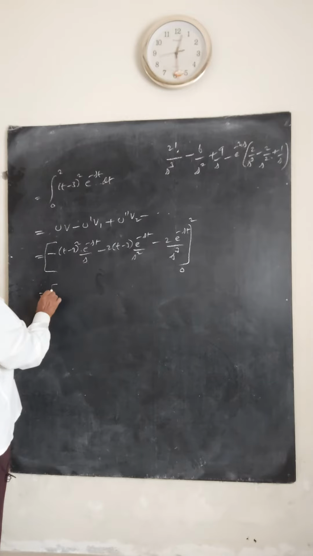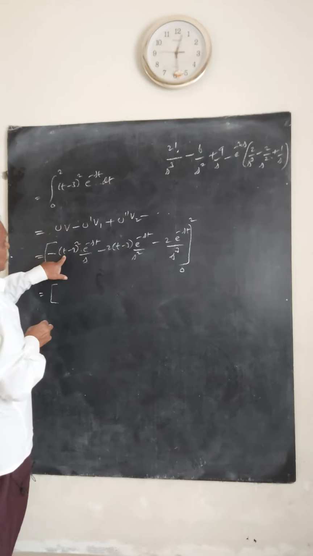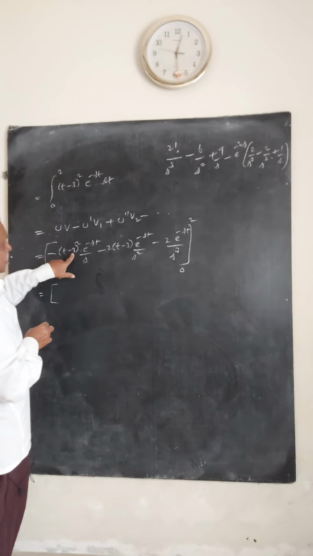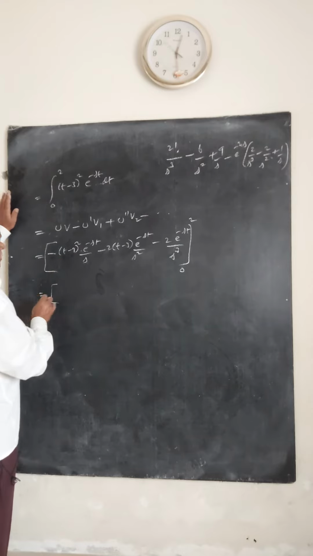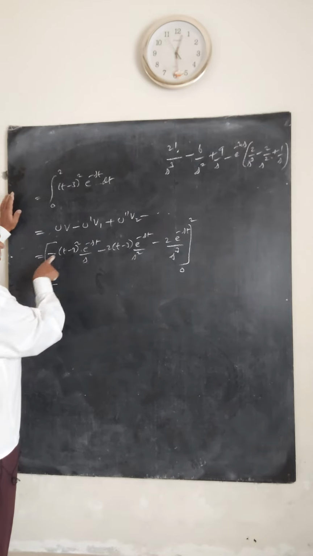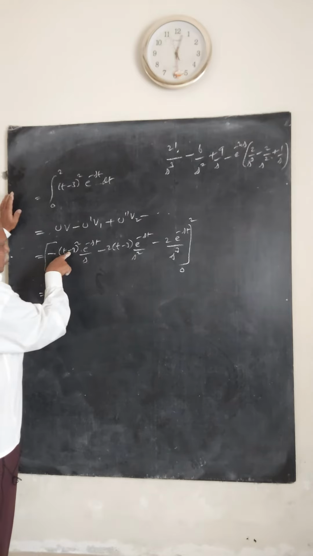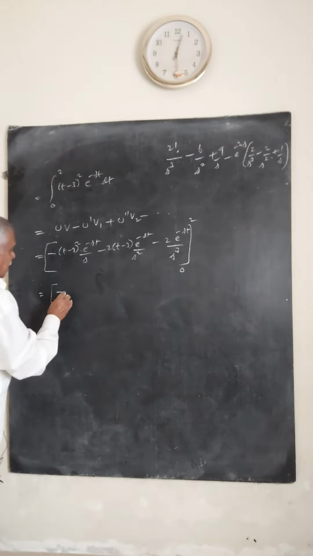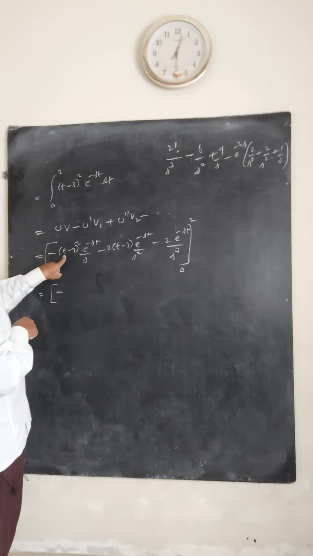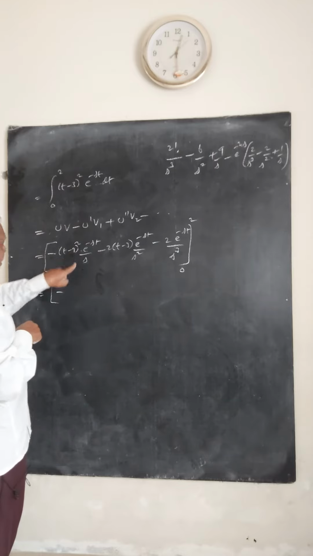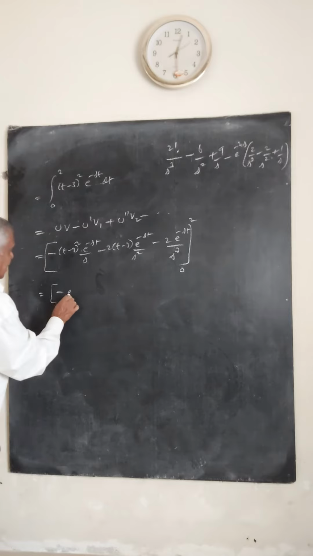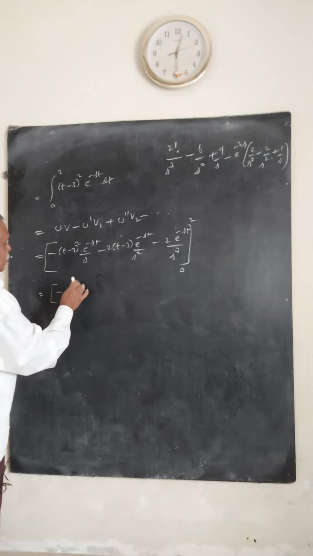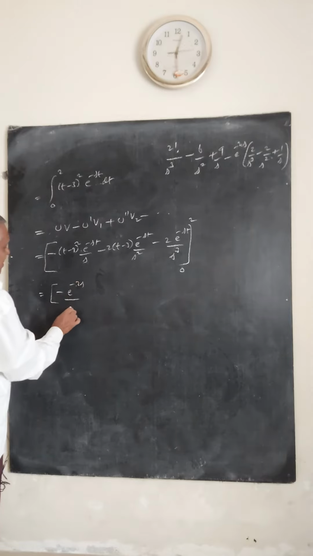For the upper limit, t is 2. 2 minus 3 is minus 1, whole square is plus 1, and the minus is already there, with e power minus 2s by s.